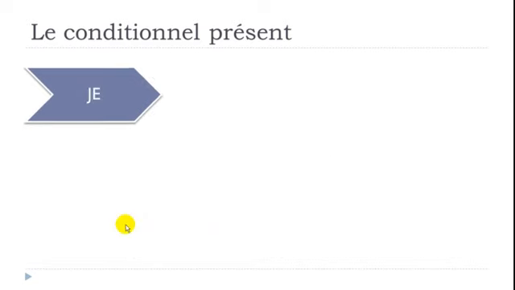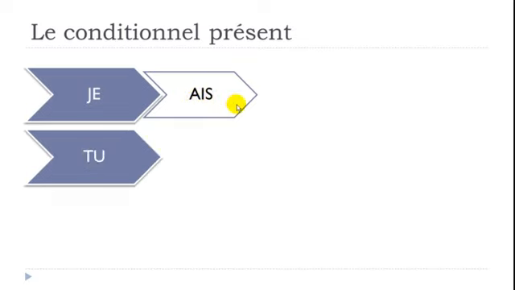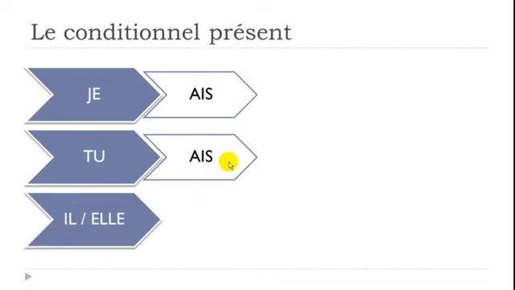So the endings now. We saw previously that the ending for je will be A-I-S, okay? The ending for tu will be the same, A-I-S. The ending for il, elle will be A-I-T, okay?